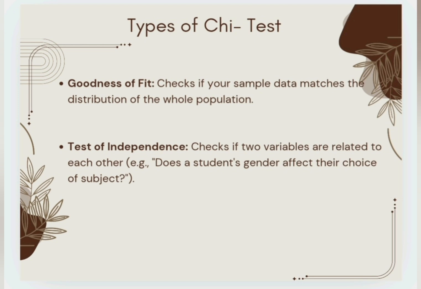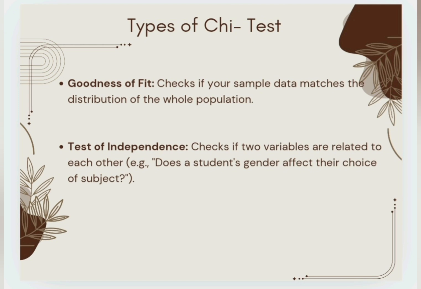Okay, so this is the type of chi-square test where it checks if your sample matches the distribution of the whole population. Now another type of chi-square test is called chi-square test of independence, which checks if two variables are related to each other or not. So it helps to analyze if two variables have a significant relationship with each other or not.